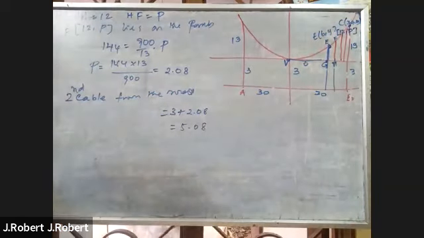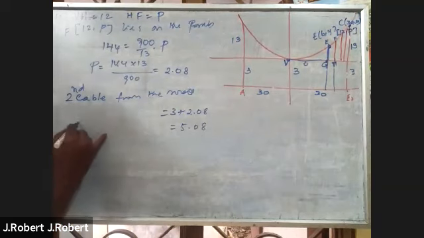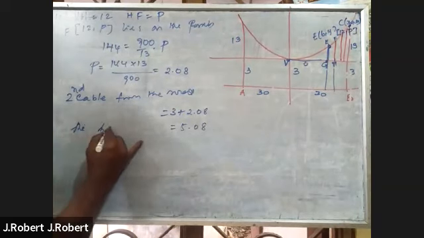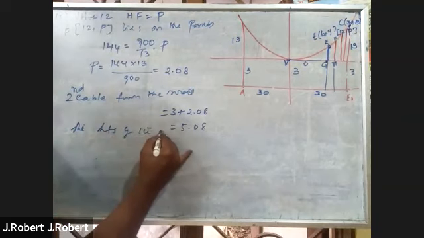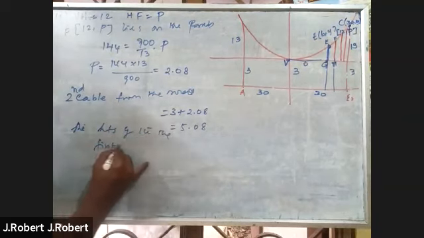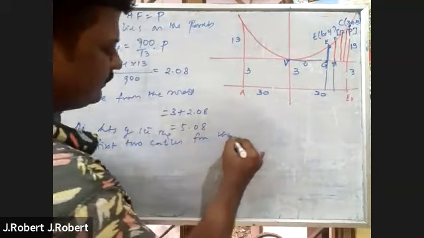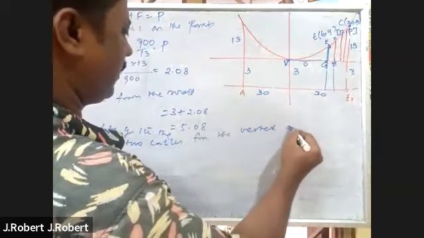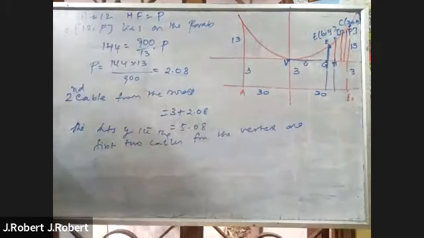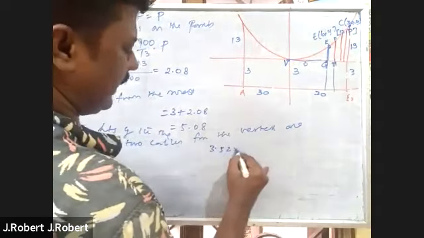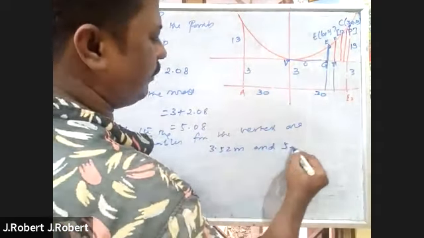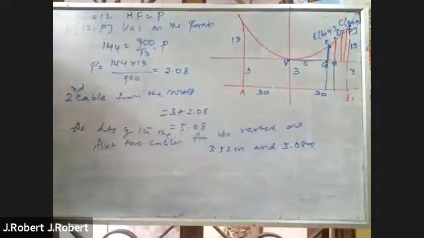So therefore the heights of the first two cables from the vertex, first one நான் கண்டுபிடிச்சீங்க 3.52 meters and second one 5.08 meters.